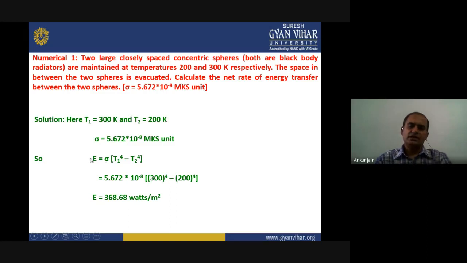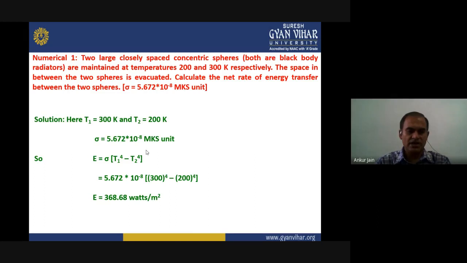Now, the formula for the rate of energy transfer is given by Stefan's law, and that says E equals sigma into T1 to the power 4 minus T2 to the power 4, where T2 is the temperature of the black body that is inside, and T1 is the temperature of the black body which is outside.